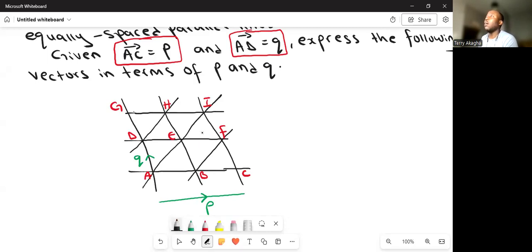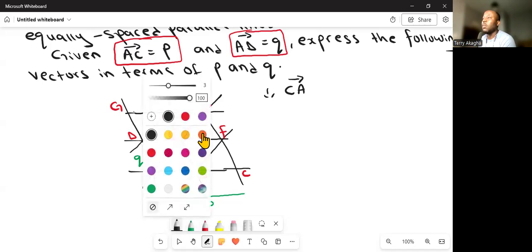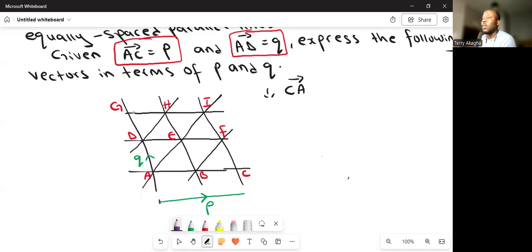Now we're told to find, number 1, CA. If you remember, I've talked about this before. Because they are parallel lines in the same direction, they should be equal. So we're looking for CA, going from C to A. Since A to C was P, if we're moving in the opposite direction, you have to swap the sign.